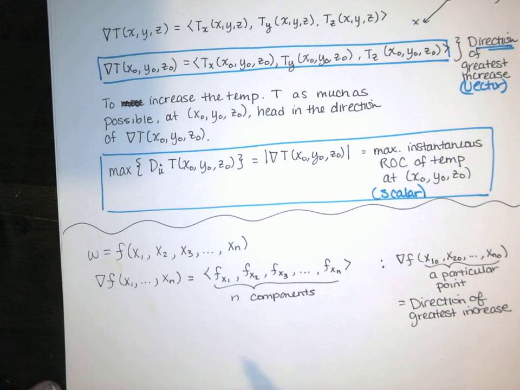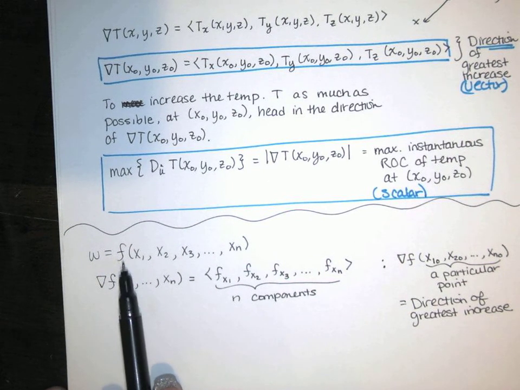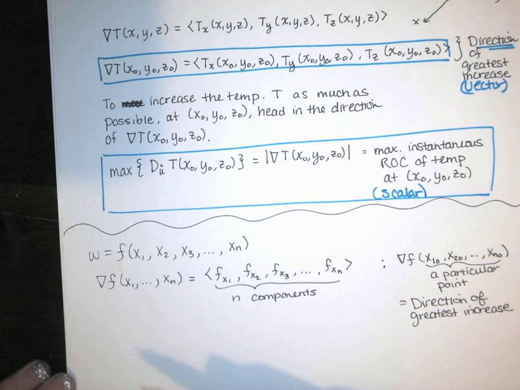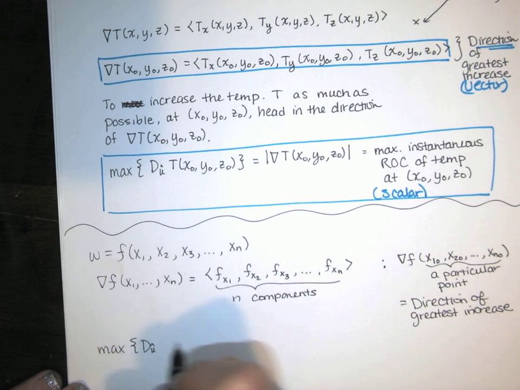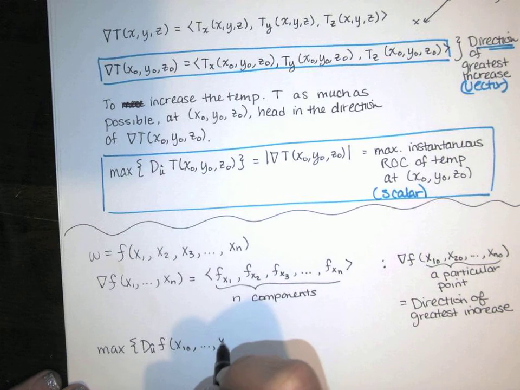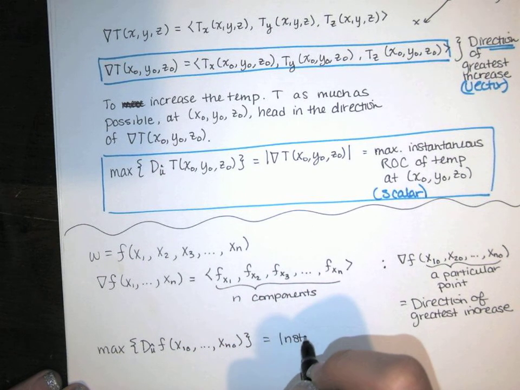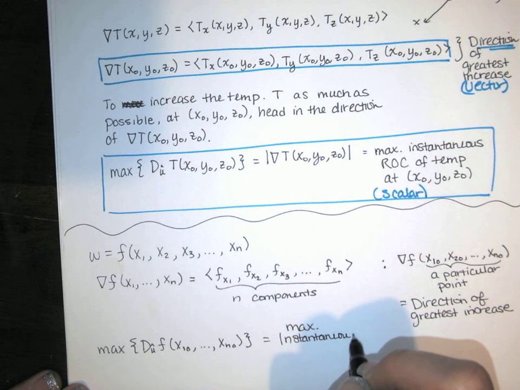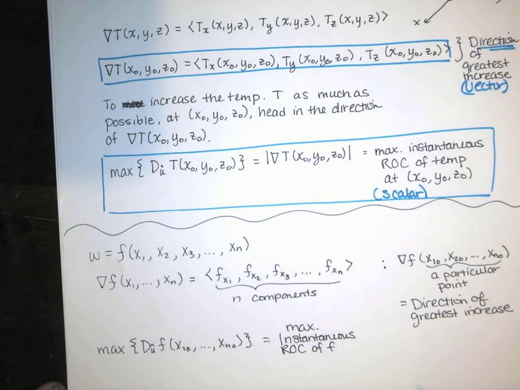If I want to know what's the maximum instantaneous rate of change of f in any direction from this particular point, the maximum value of the directional derivative at that point, which represents the maximum instantaneous rate of change of f at that point in any direction.